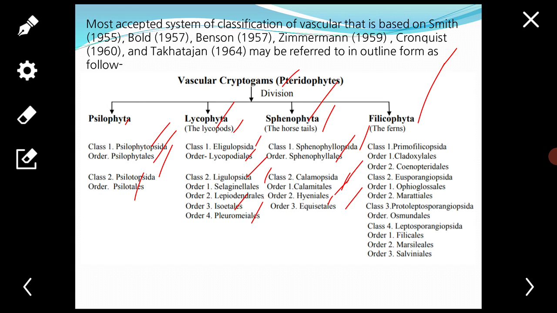The last division, that is Pterophyta, comprises the ferns, and possesses four classes.